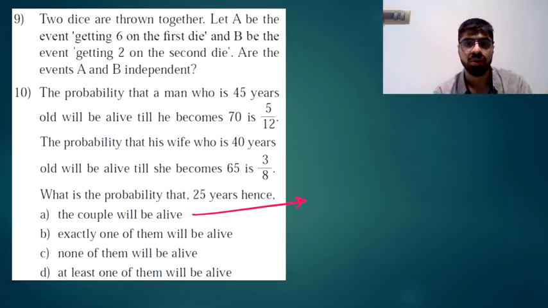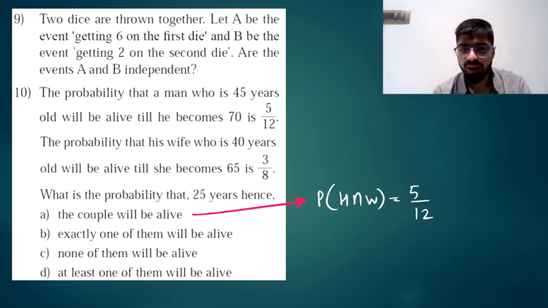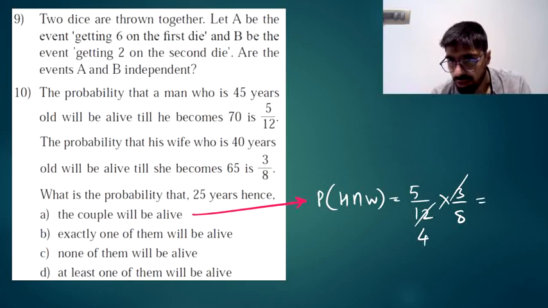Couple alive means husband also alive, wife also alive. So P of H intersection W will be P of H into P of W, which is 5 by 12 into 3 upon 8. You can cancel off a 3 here and a 4 comes in the denominator. This will be 5 by 32.